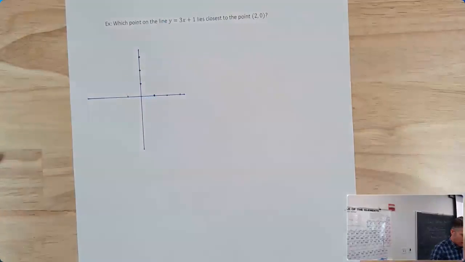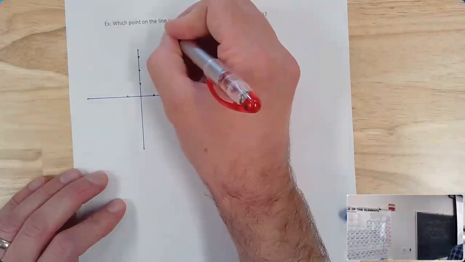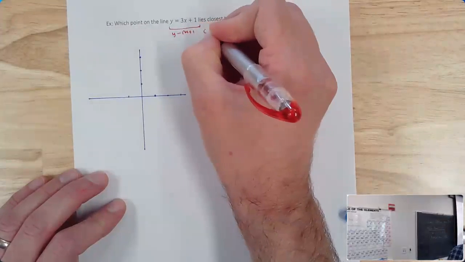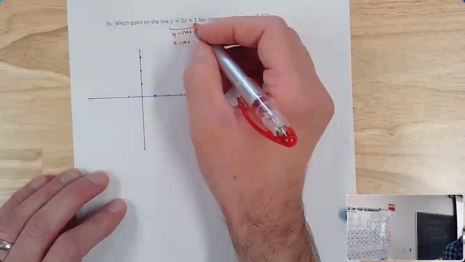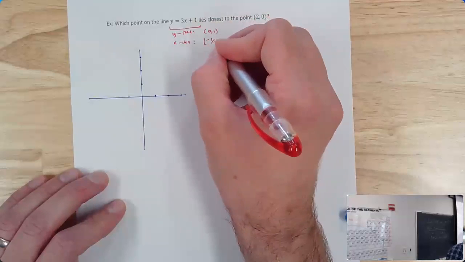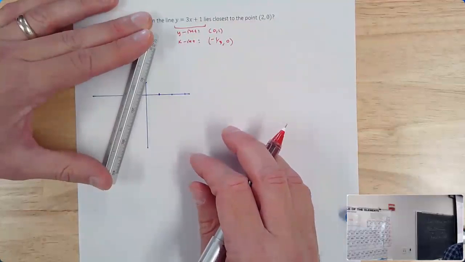Okay. So the line y equals 3x plus 1 has a y-intercept of 1. An x-intercept of, well, if y is 0, x is going to be -1 divided by 3. So my line's going to look, you can see it's about right there.